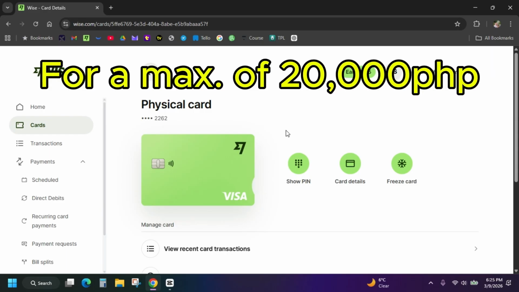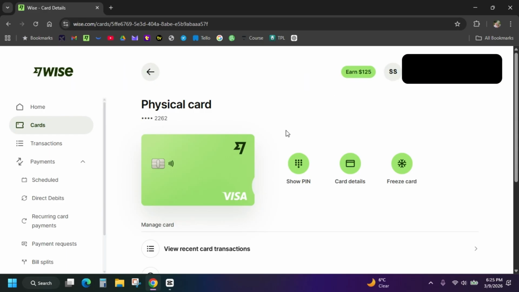Wise, however, does not charge for your first two cash withdrawals from an ATM per month. Okay, so that's a nice feature. If you can take out like 20,000 pesos at a pop, it'll only cost you the $2.50 by that local ATM, and Wise will not charge you anything for your money to come out of that machine.